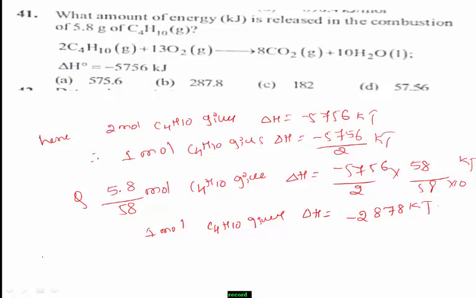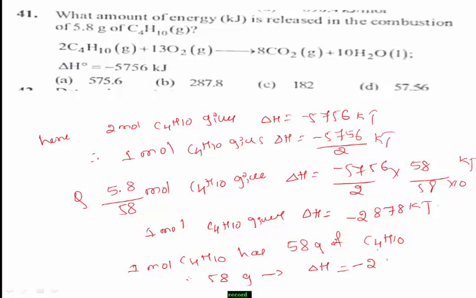1 mole of C4H10 is 58 gram of C4H10. Therefore, 58 gram gives delta H equal to minus 2878 kilojoule.